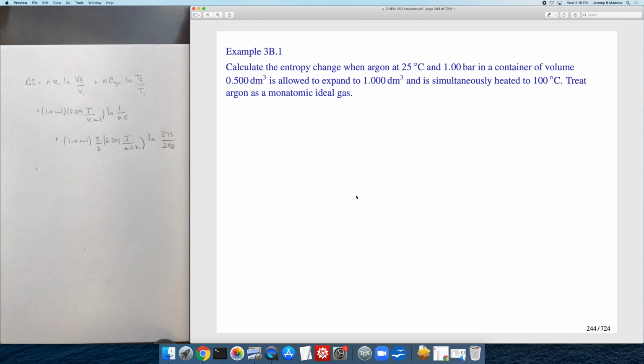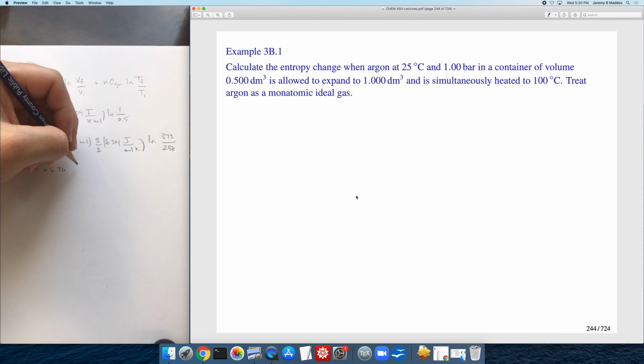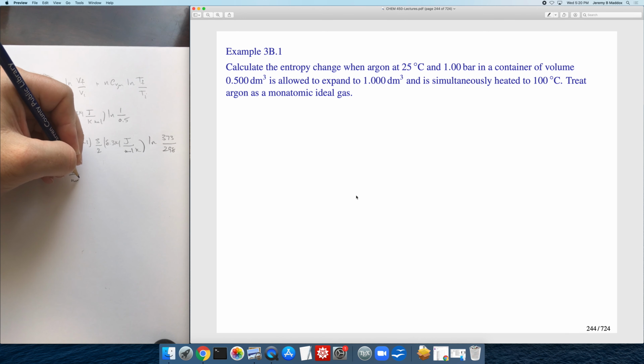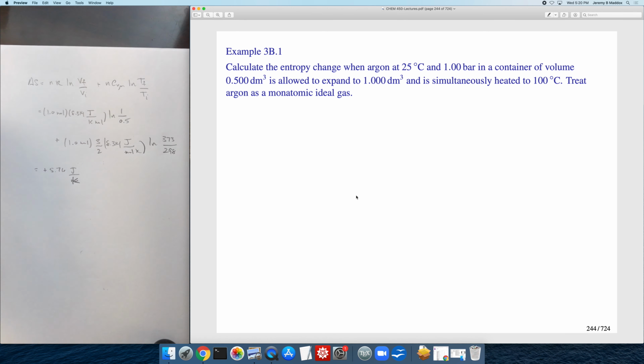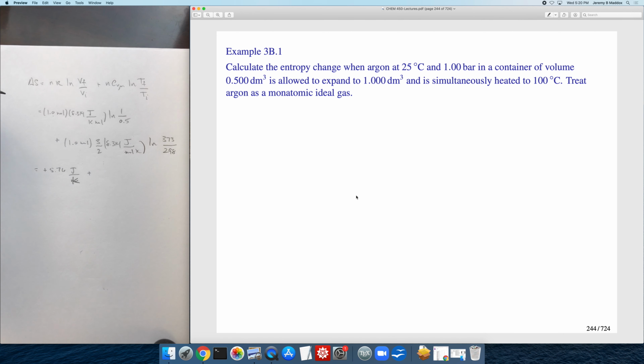So we've got 2 parts here. This first part, we've actually calculated it already. It's 5.76 joules per Kelvin, since we've got the moles in there explicitly. And then we'll do the second part.